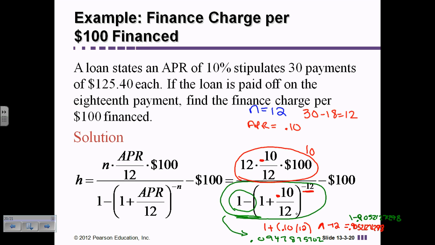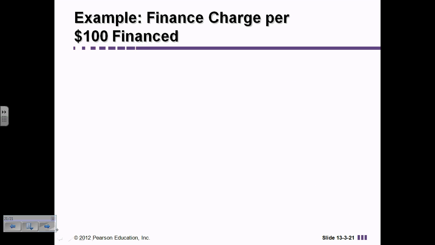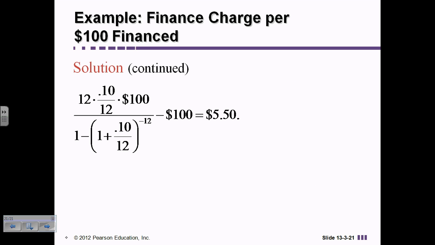So 10 divided by 0.0947875702, and then I do the minus 100, comes out to be 5.50. So that's telling you that the finance charge per $100 is coming out to be 5.50. And again, be very, very careful about your rounding.